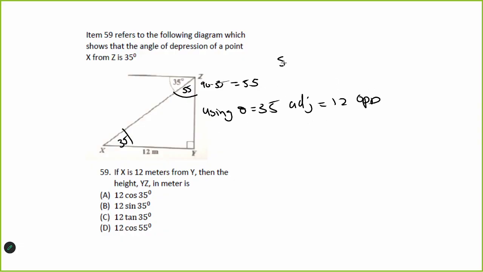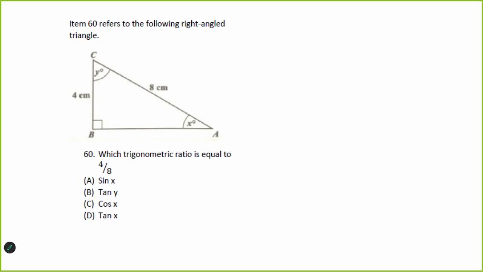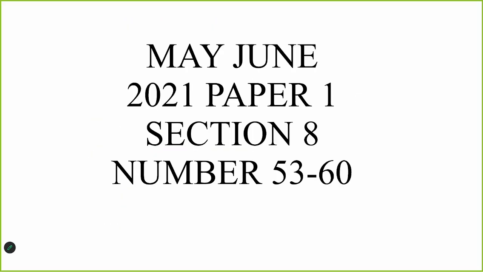So SOH CAH TOA: adjacent, opposite, tan. So tan 35 is equal to the opposite, which is what we're trying to find out, over adjacent, which is 12. Carry this across, that's 12 tan 35, so the answer is C. This one here we already did, it is sine x, and that is the end of January 2022.